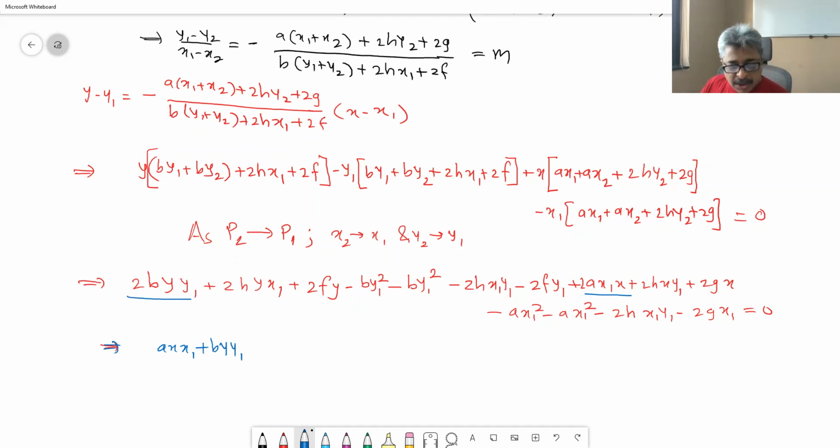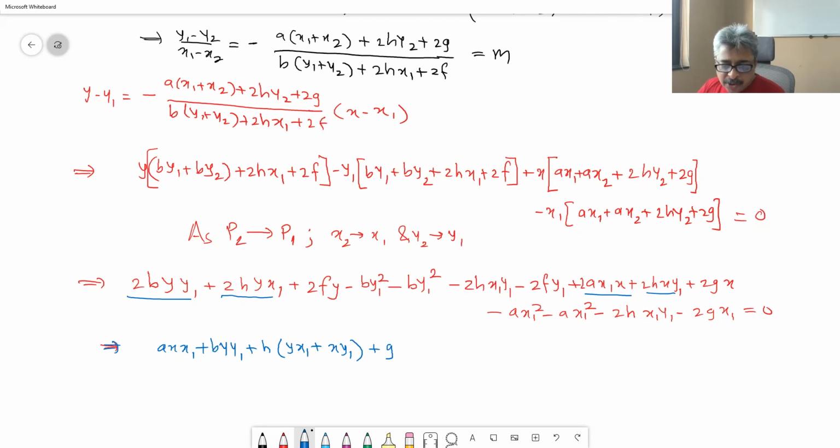Third term is with h plus h inside bracket yx1, so I am done with this, xy1 I am done with this, plus xy1. Very good. Then I must do g times x plus x1. Oh, okay.